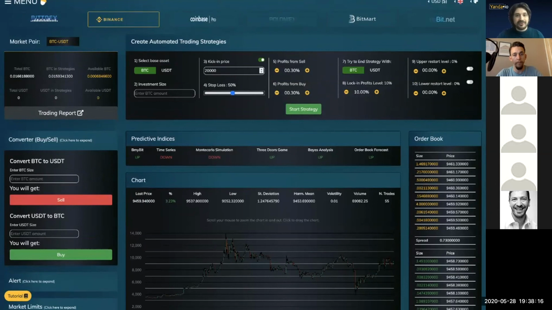So if now I put 100,000 as initial price for buying Bitcoin with a USDT strategy, and I put profits from buy at 0.4%, then the calculation is going to take into consideration this amount at which I bought initially and rebought at this price, which is 100 times less than this one. That's why you see this guy on the leaderboard.